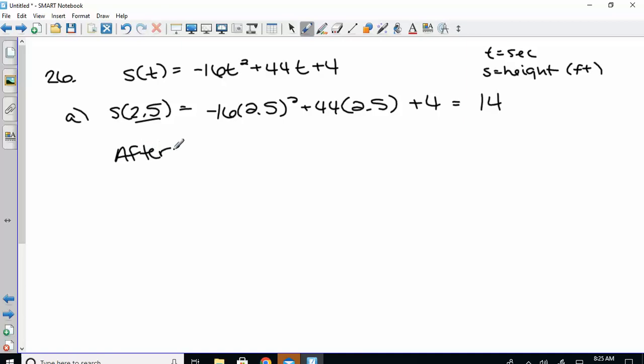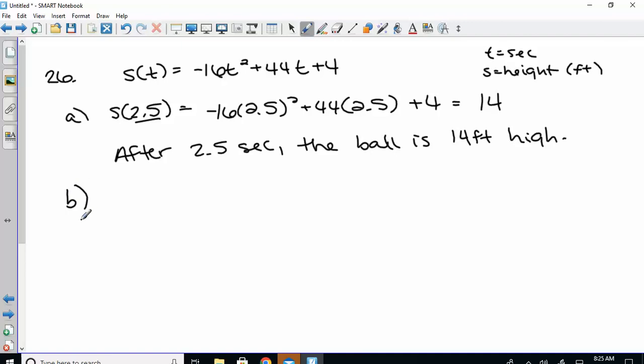So my t was 2.5 seconds, so after 2.5 seconds, the ball is 14 feet high. So if I ask you to interpret, I am expecting a sentence. Make sure you use the numbers given in the problem. Don't just tell me this is the height. Tell me specifically, after 2.5 seconds, the height is 14 feet.